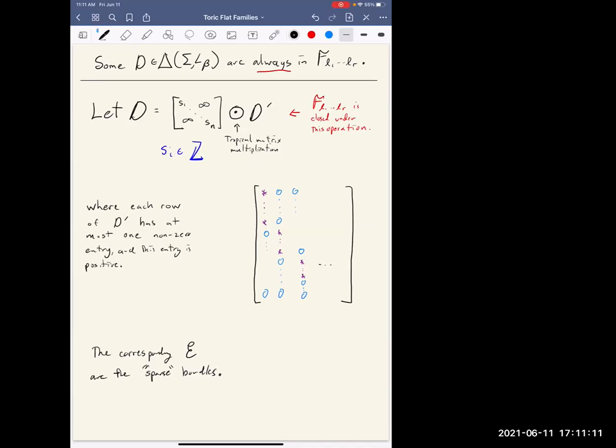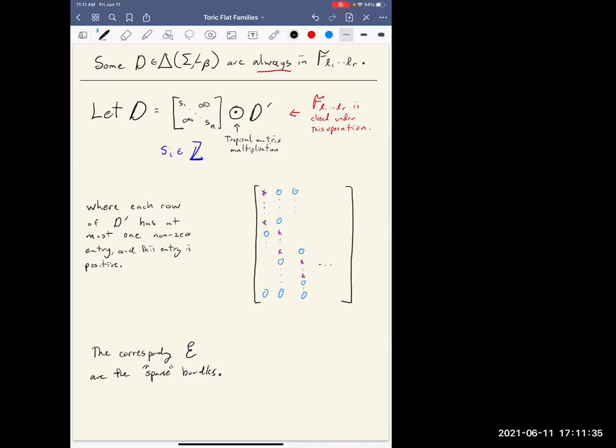By that I mean an n by n matrix where the above-diagonal and below-diagonal entries are infinity, which is tropical 0, and the diagonal entries are integers. You're allowed to take your diagram and multiply it by any such matrix, and all such diagrams will always live on this polyhedral complex F sub L.